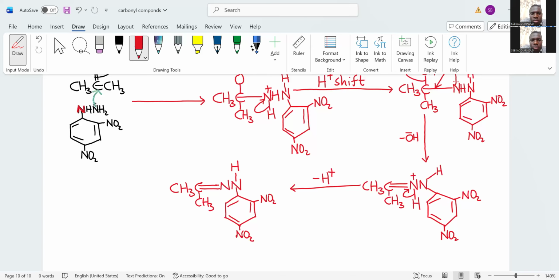Then the hydrogen ion plus hydroxide ion, we get a water molecule. And the compound which we have formed is the hydrazone.